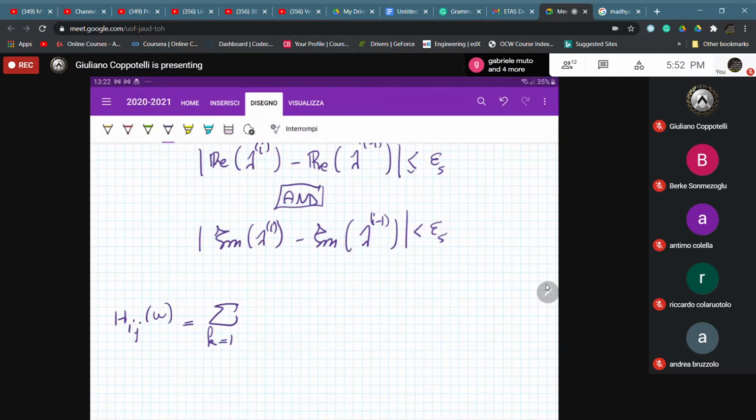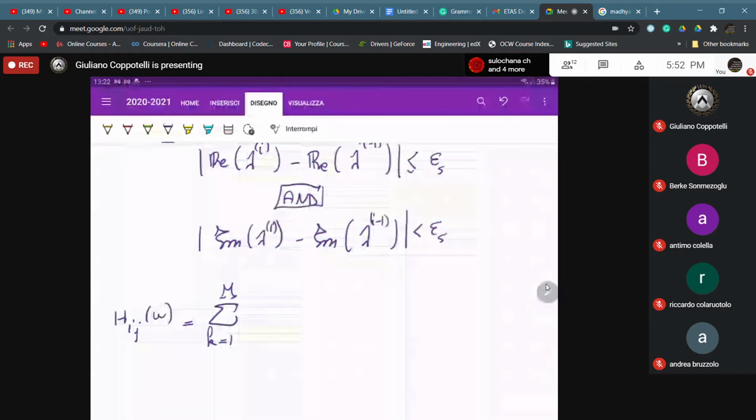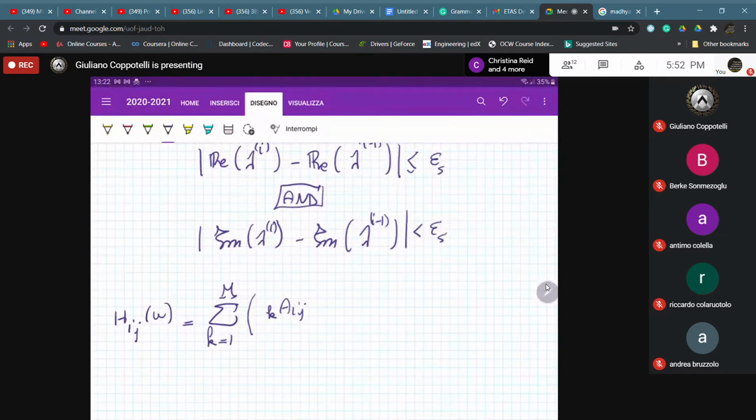So now it is a summation from k that goes from 1 to m, that is your modal order, and then you have the residual terms corresponding to the ij degrees of freedom found out by your FRF pairs and corresponding k's contribution, and then you have j omega negative lambda k plus the complex conjugate part.